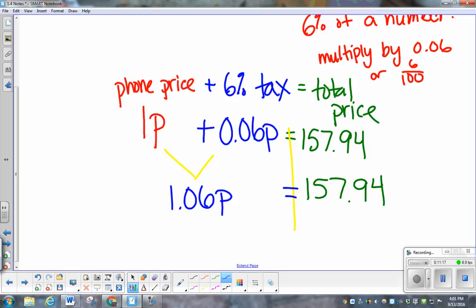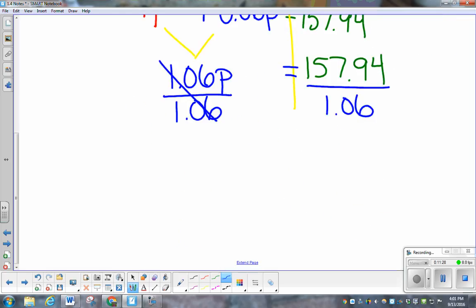Now, the only thing we have to do to get that P by itself is divide by 1.06 to undo that multiplication there. Divide by 1.06. Again, I understand that you're going to need a calculator here. So we are left with, if you use this on a calculator, P equals 149.